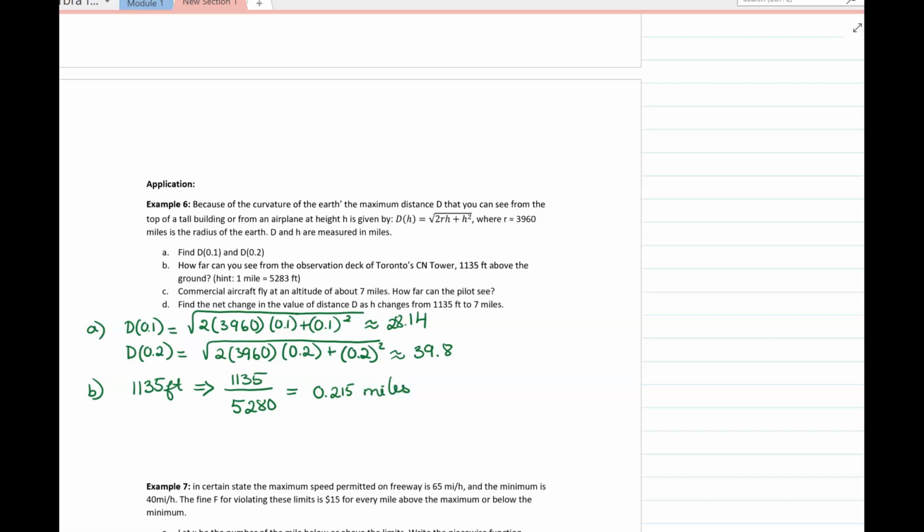Then we substitute this value into the equation to find the distance d of 0.215.